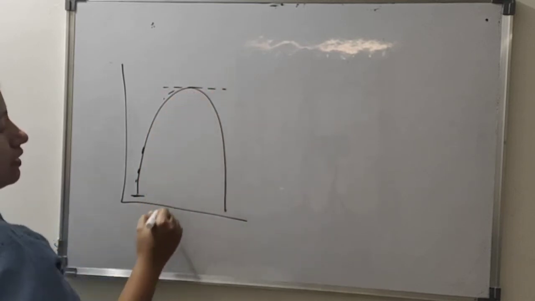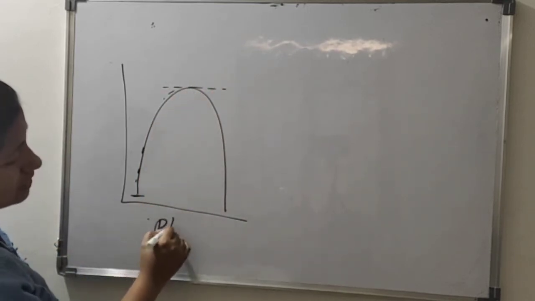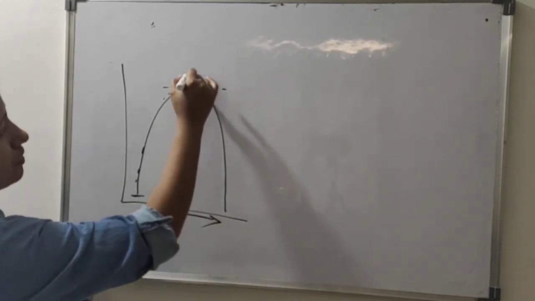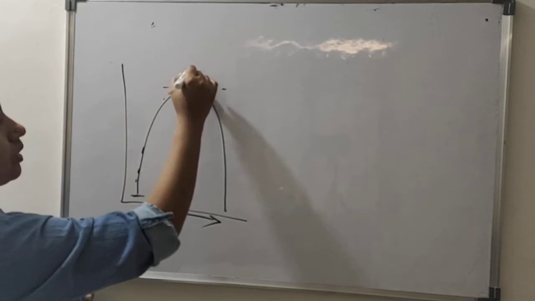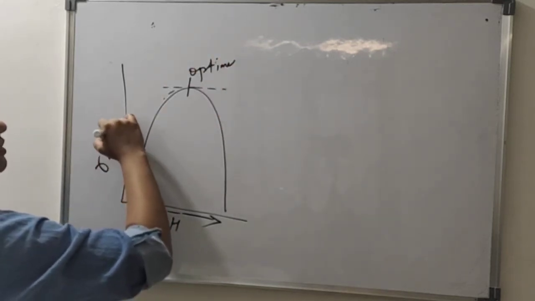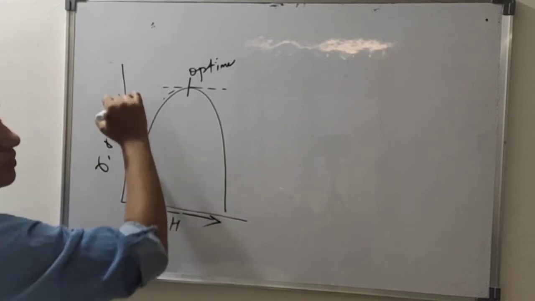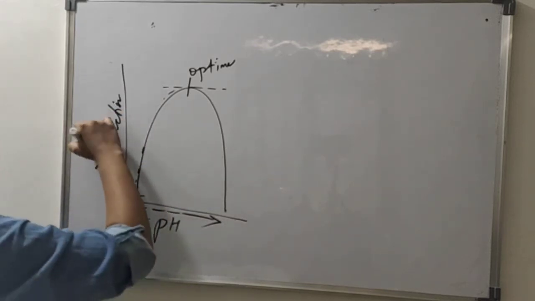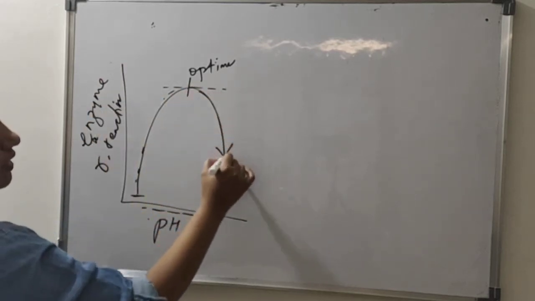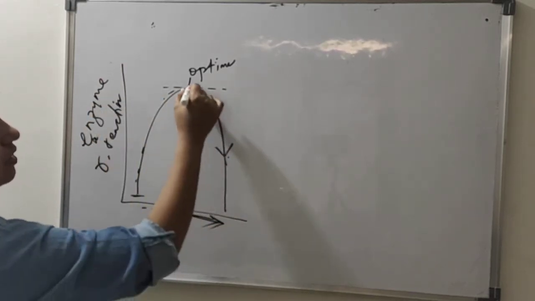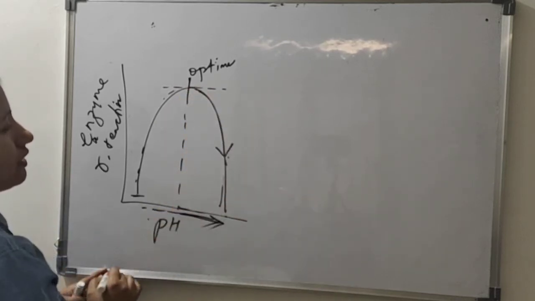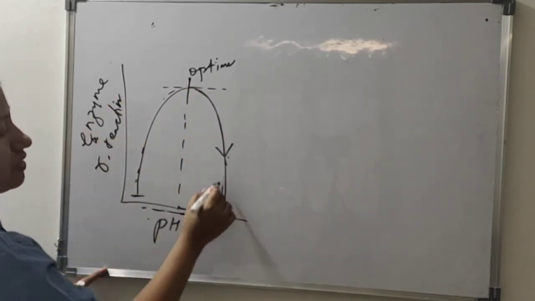Then if the pH keeps on increasing after this optimum level, the rate of reaction, that means the enzyme activity, will decrease.